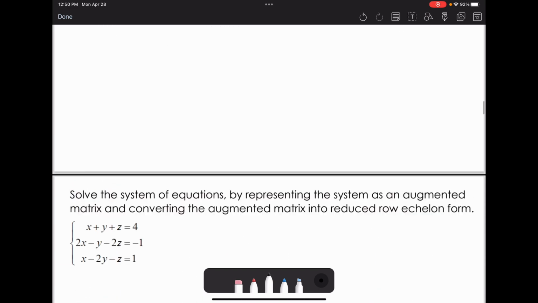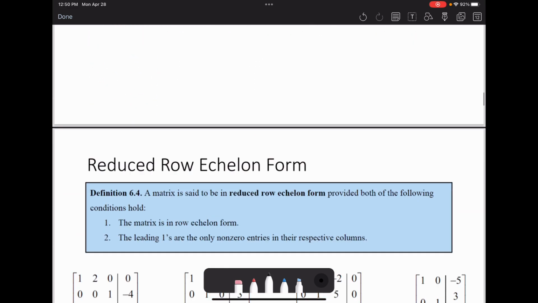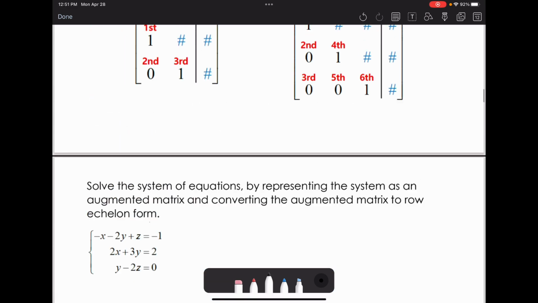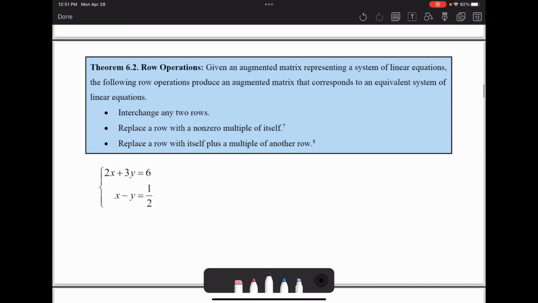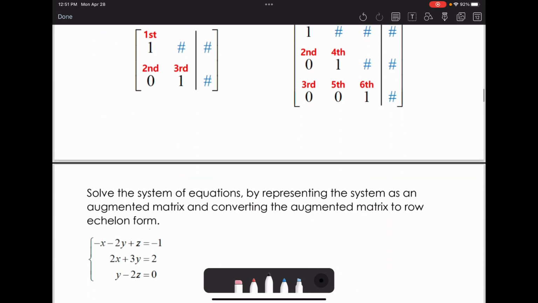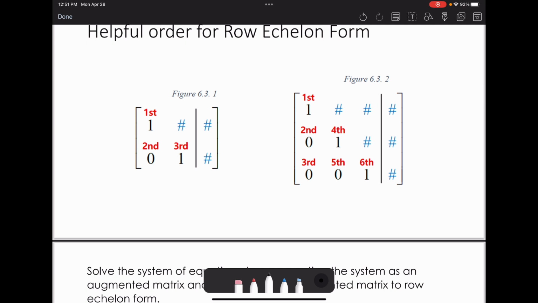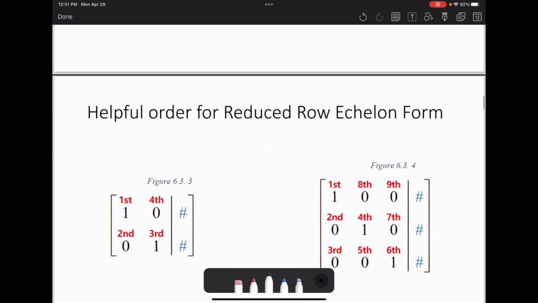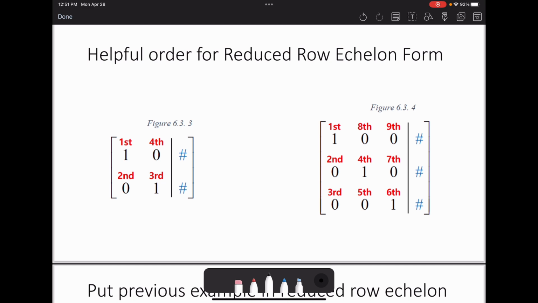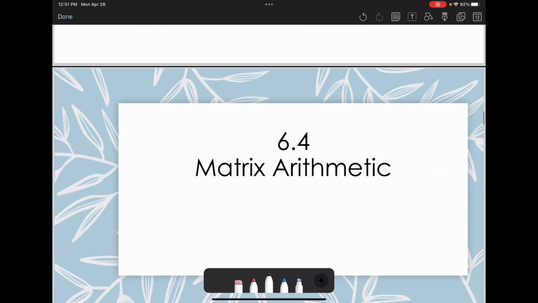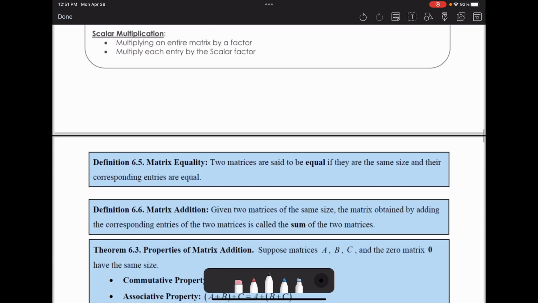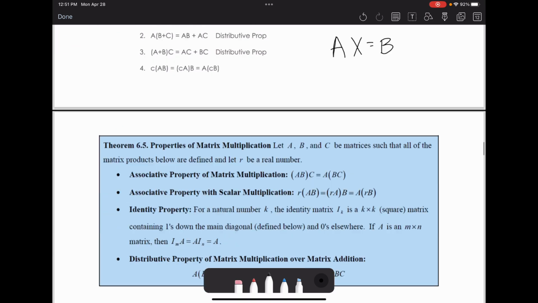Going back up to this one, if we take a system of equations and put it into an augmented matrix and get it into upper triangular form or row echelon form or reduced row echelon form, then that is one way to solve the system. What we just did, using an inverse, is another way to solve a system of equations.